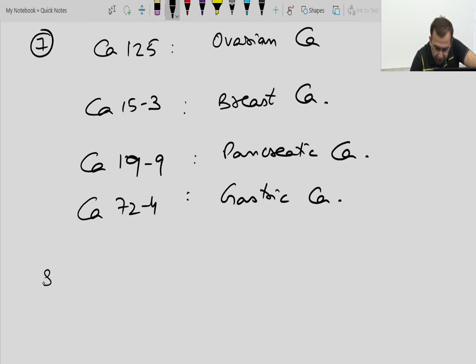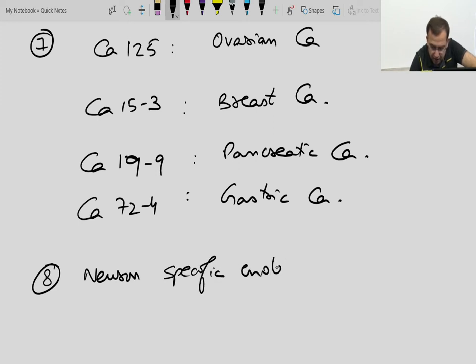Coming to the last one, that is neuron specific enolase.